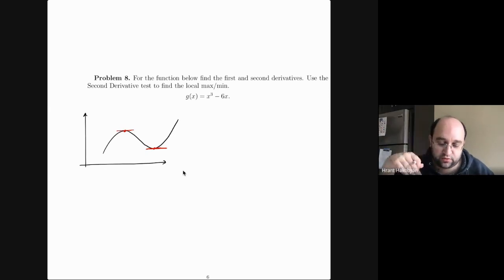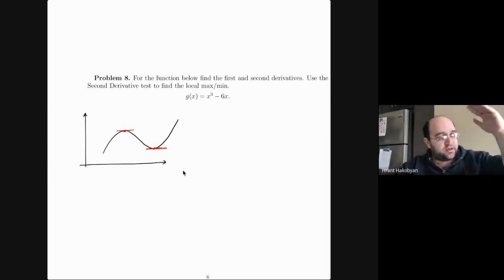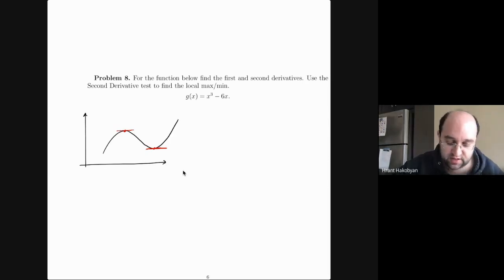We have to look around that point, because if it's increasing, then decreasing, meaning the derivative goes from positive to negative, then it's a maximum. But at that particular point, the derivative is 0, so it doesn't tell us whether it's a local maximum or local minimum. On the other hand, if we look at the second derivative, it does tell us something.